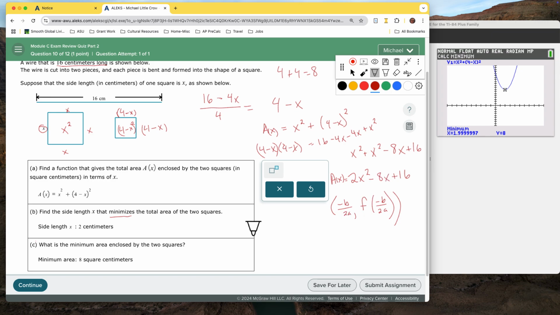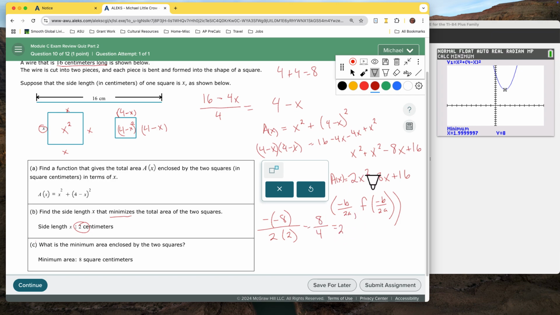B is negative 8, so we get minus negative 8 over 2 times 2. A is 2. Negative negative is a positive. That gives us 8 over 4. 8 divided by 4 is 2. X equals 2. There it is.